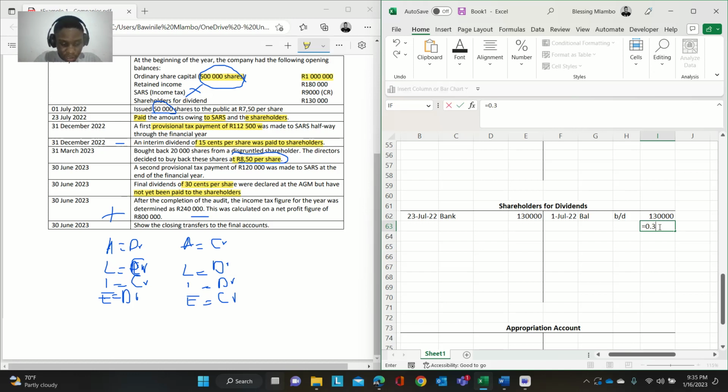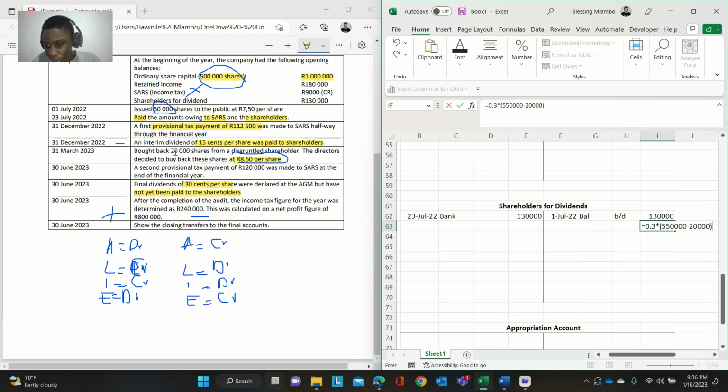Since we declared 30 cents, we're going to say 0.3 times the number of shares in issue at this date. The number of shares in issue is the 500,000 shares in issue at the beginning plus the 50,000, but we have to subtract the 20,000 shares which the company bought back.